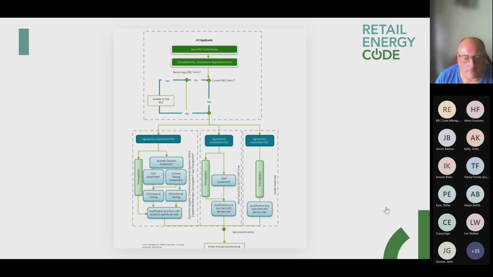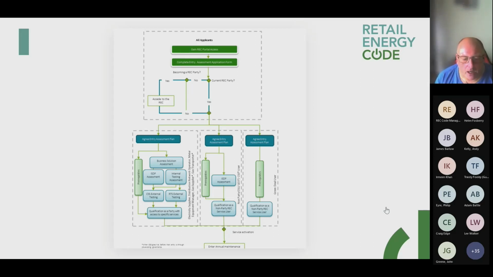Basically, what happens is you will be assigned a manager to help you through this process, and dependent upon what you need to do or what you need to go for, each level has its own assessment plan. So if you are an electricity supplier, distribution network operator, meter operator, equipment manager, gas supplier or gas transporter, you will go down the left-hand leg. And I'll take you through that in a little bit more detail in a minute.